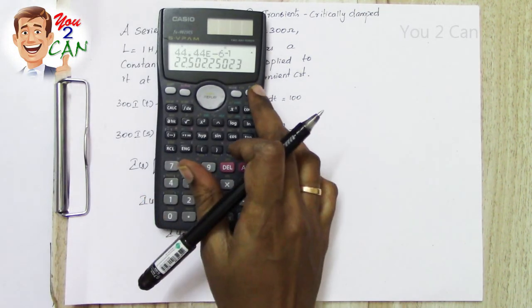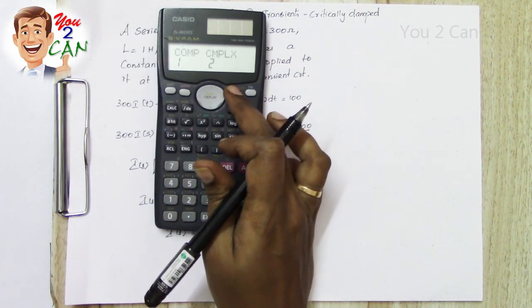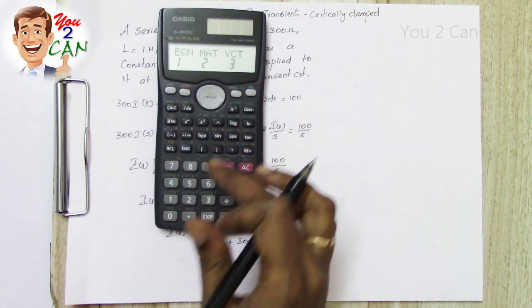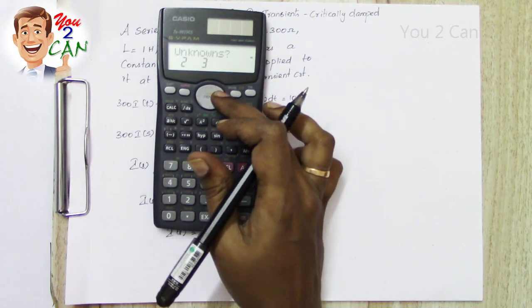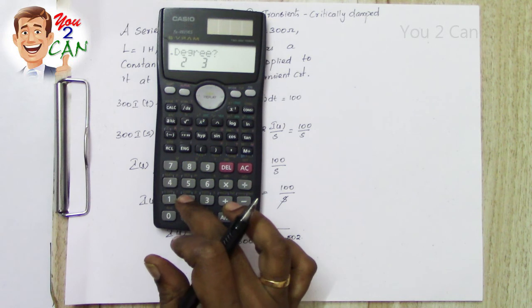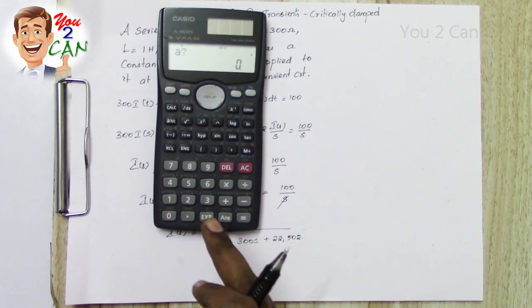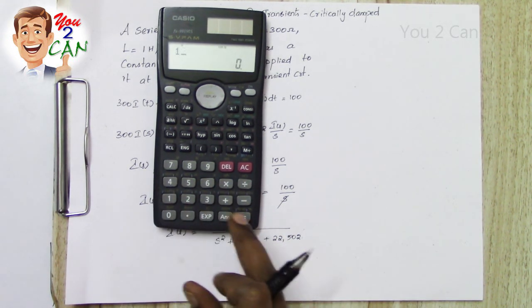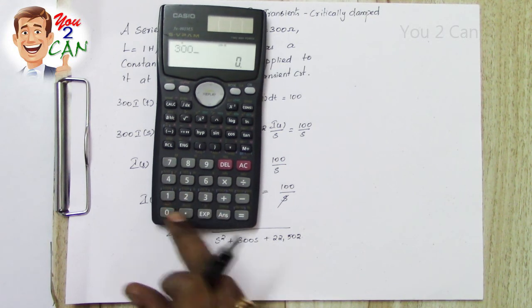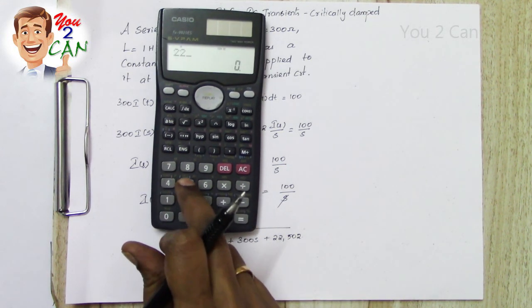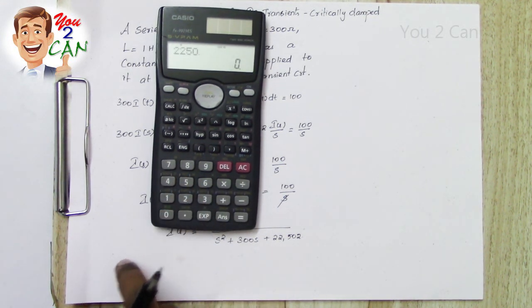If you find the roots of this equation, the roots will be equal. Let's try it. To find the roots of the equation, you have to go for equation mode. Here it is a second degree equation, so degree 2. What is A? A is 1, B is 300 and C is 22,502.